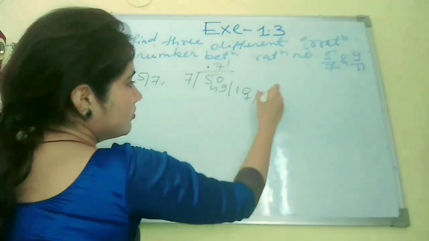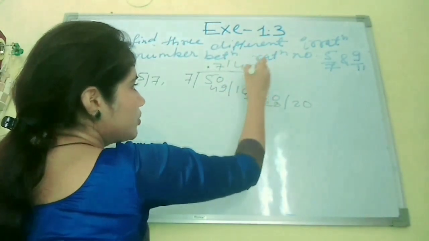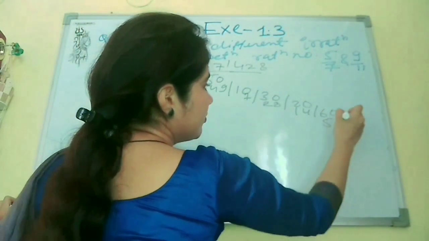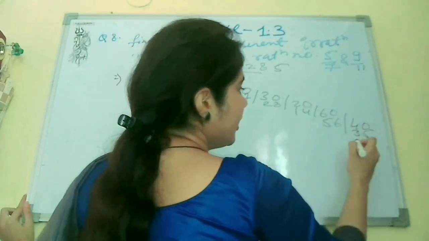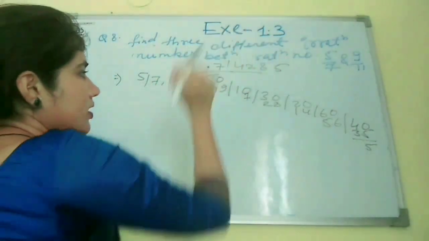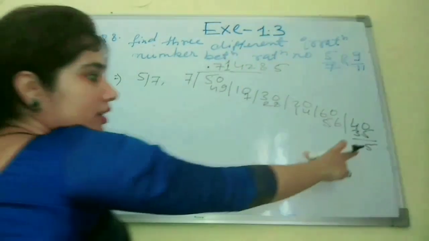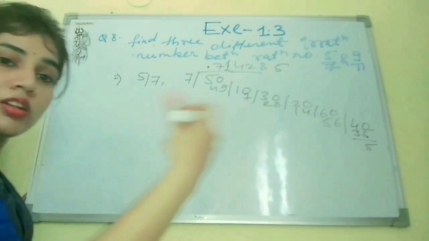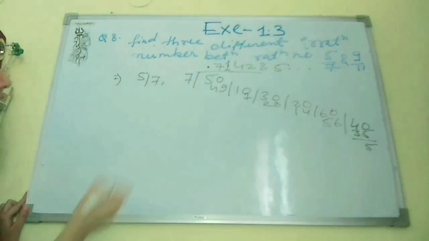Then 7 1s, 7 4s, 7 2s, 7 8s, 7 5s are 35. What will we get? 5 in remainder. Okay, and this is the quotient, and it will be in a repeating manner because we started with the 5 and now in remainder we are finding 5, which means this whole operation is going to repeat again. Okay, now next is 9 by 11.